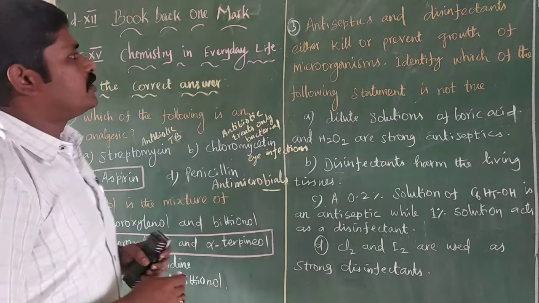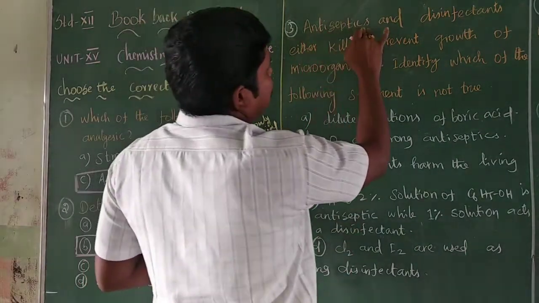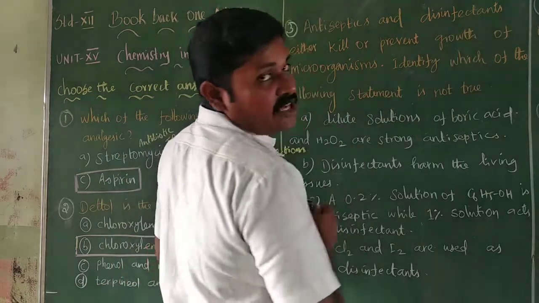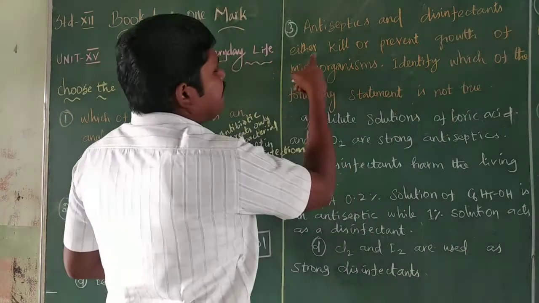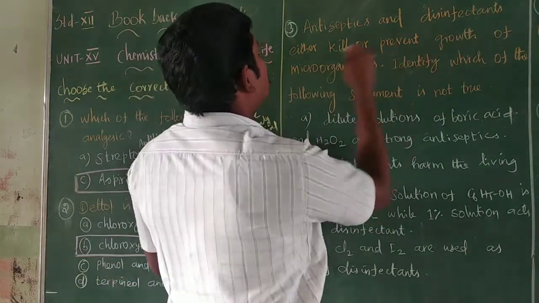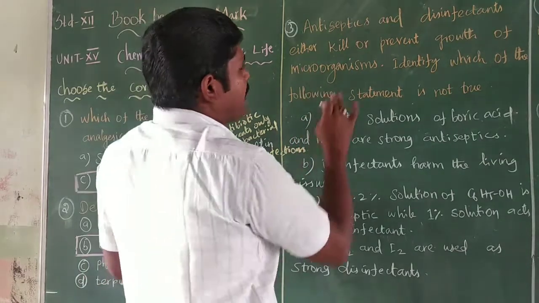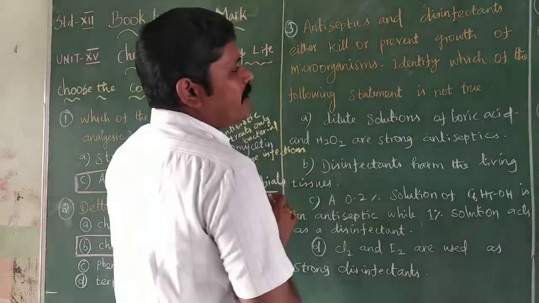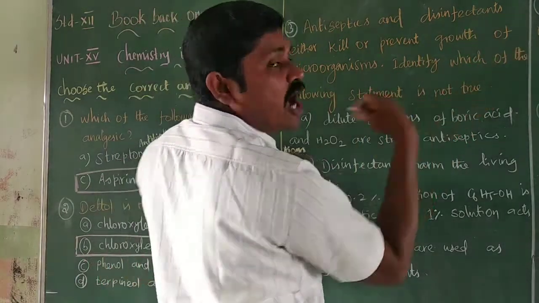Right? The third one is antiseptics, புரைத்தடுப்பான், and disinfectants, கிருமிநாசினி. Antiseptics and disinfectants either kill or prevent growth of microorganisms. Identify which of the following statements is not true.